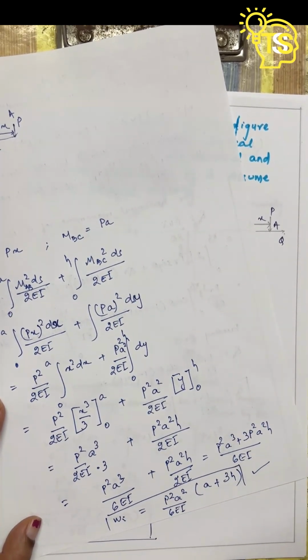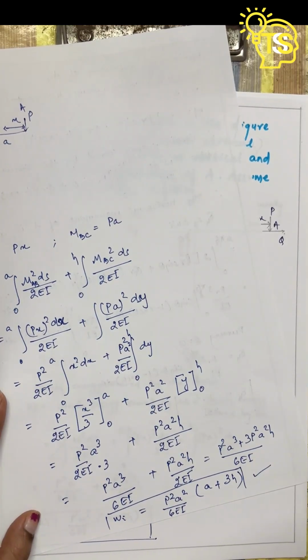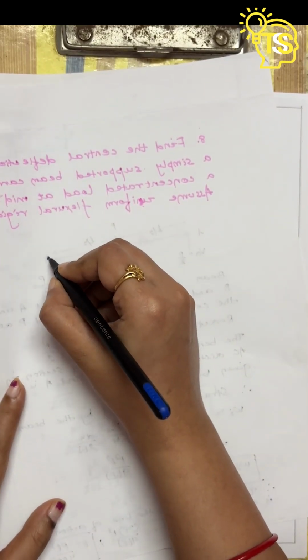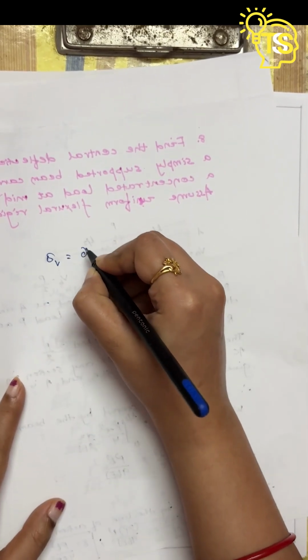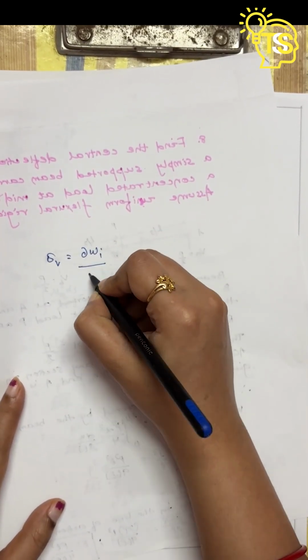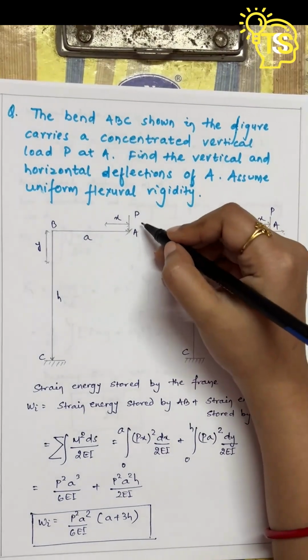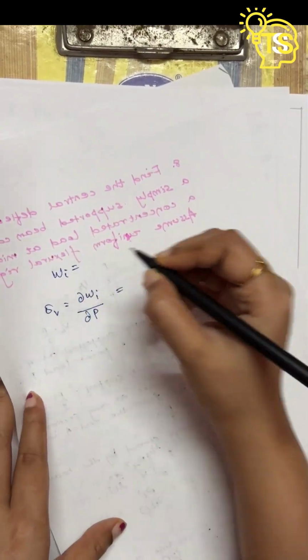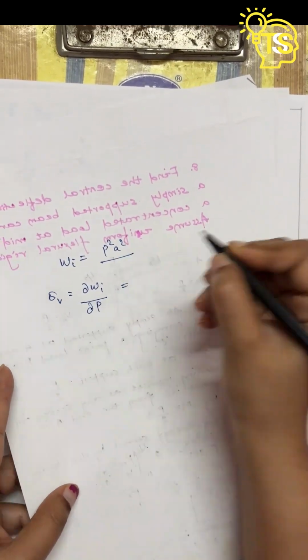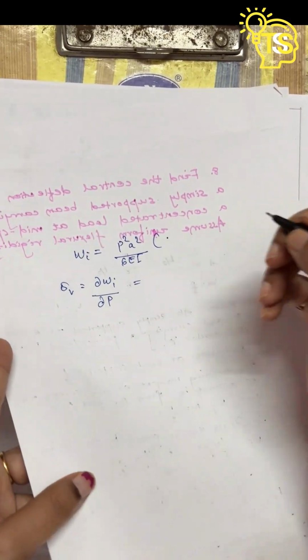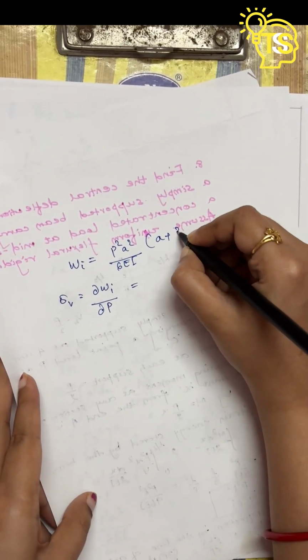Now let's calculate the vertical deflection. The formula of vertical deflection is the partial derivative of strain energy, that is del U upon del P, because here the load given is P. Now the value of U was P square a square upon 6EI whole into 2a plus 3h.